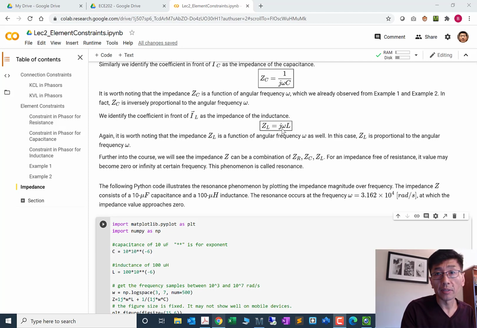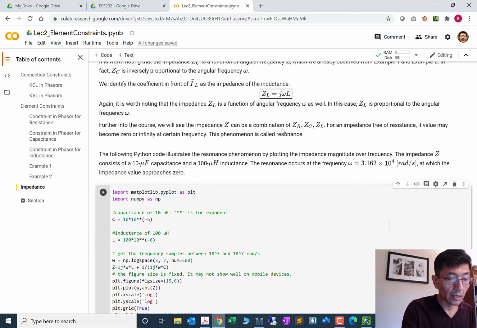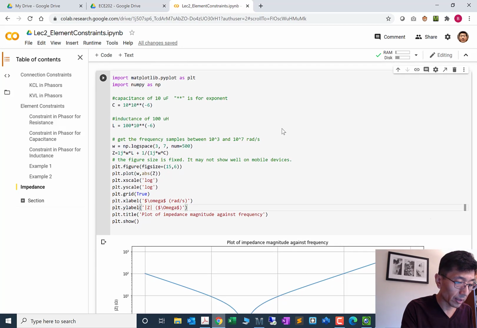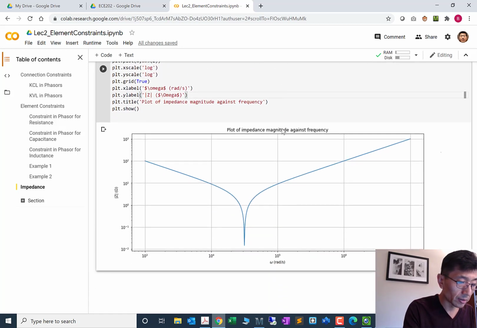If you have a combination of the devices, the elements, let's see, if we have the series connected L and C, the combination of the impedance I apply here will be j omega L plus 1 over j omega C. And if you see the magnitude of this impedance, actually it drops very low at a certain frequency, right?